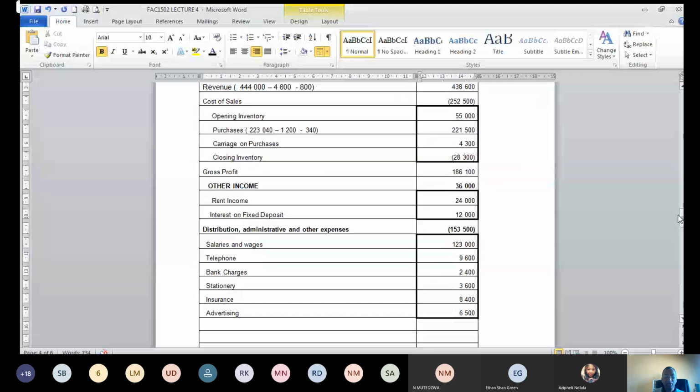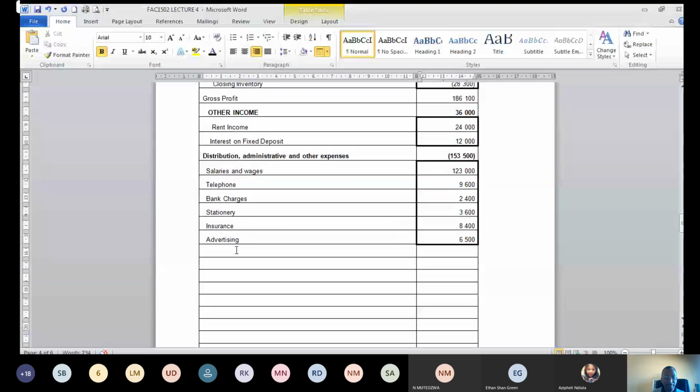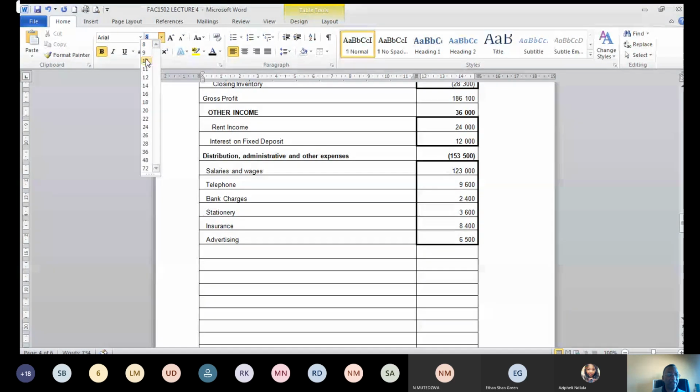I bring into account now my finance cost, next heading, after distribution, administrative, and other expenses. My next heading would be finance cost.